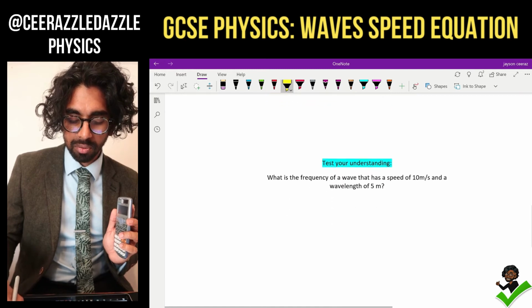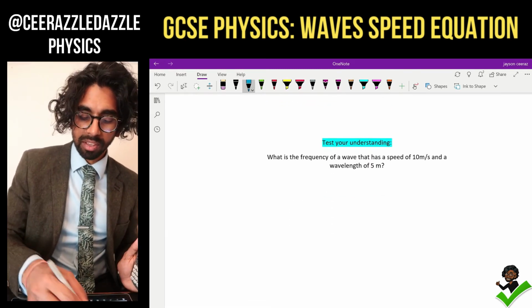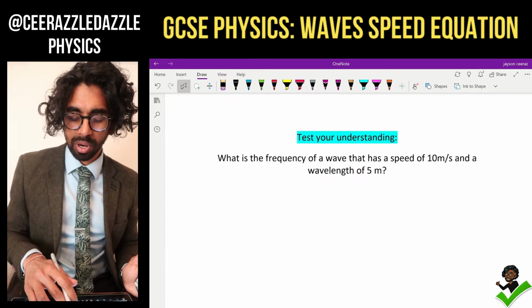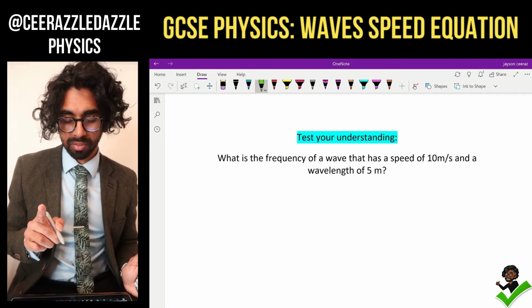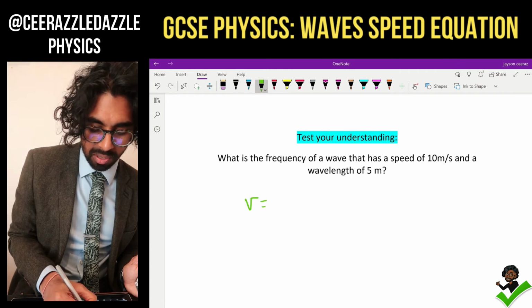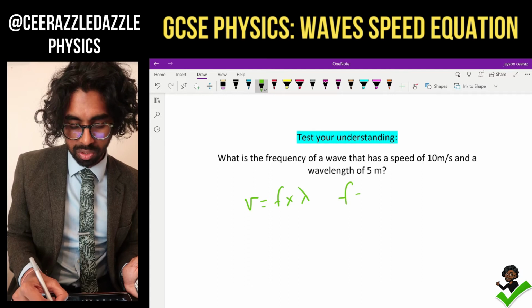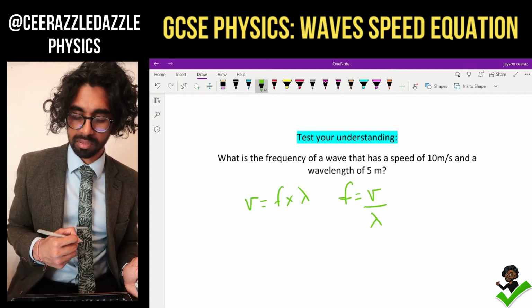Right, scrolling down. Test number 2. What is the frequency of a wave that has a speed of 10 meters per second and a wavelength of 5 meters? So not the speed. So we need to rearrange the formula to make frequency the subject. So frequency is equal to the velocity of the wave, the speed, divided by the wavelength.